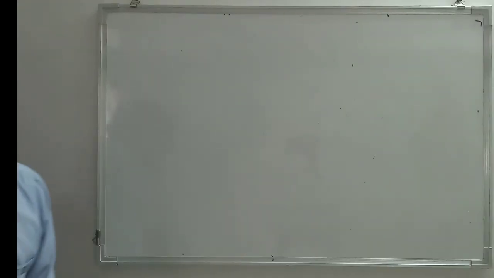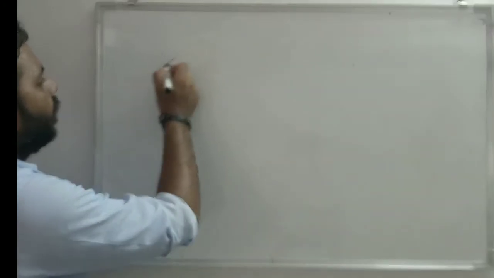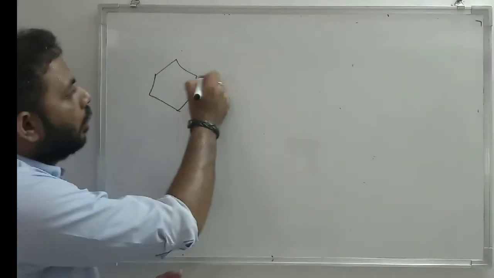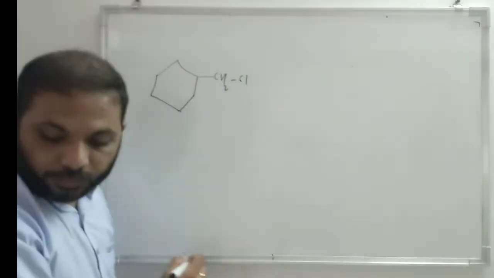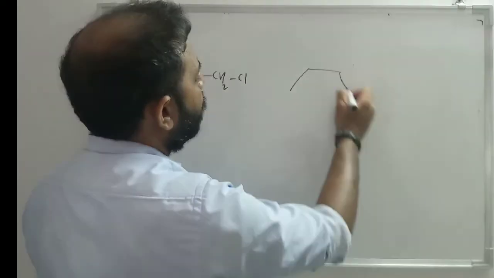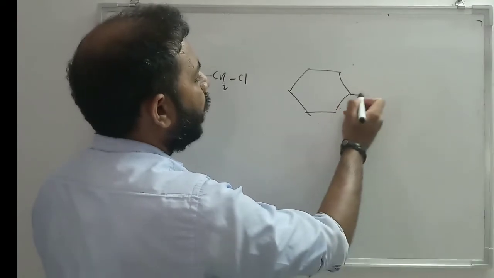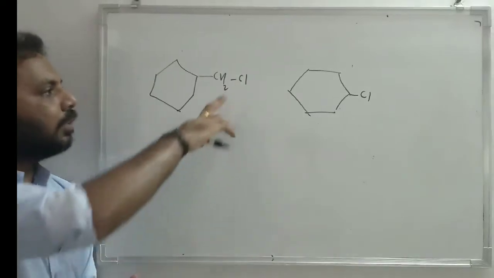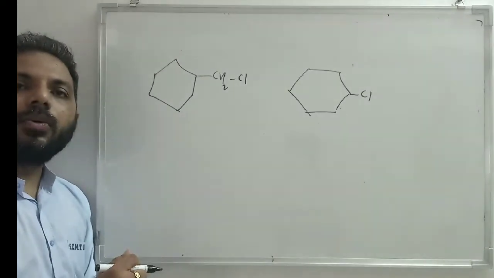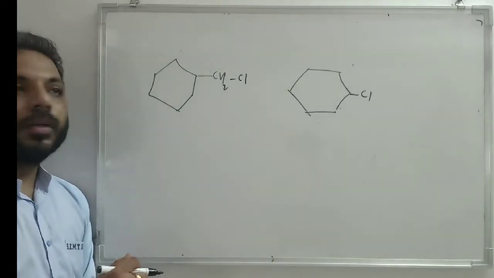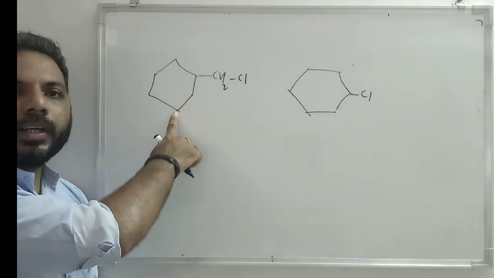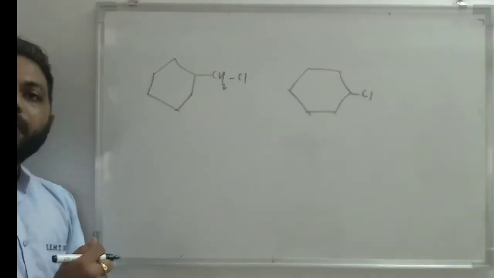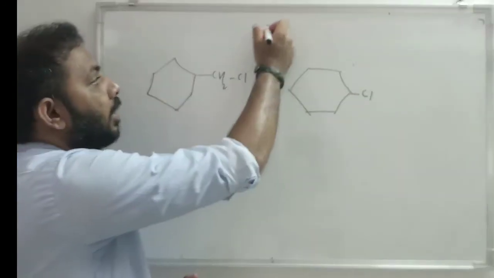The question is, this is CH2Cl and this is chlorocyclohexane. Now the question is, which of these two compounds will undergo SN2 reaction faster? So is this more reactive or is this more reactive? Among these two compounds, which is more reactive for SN2?